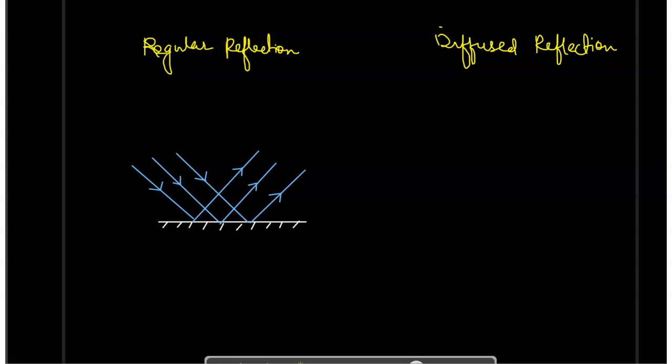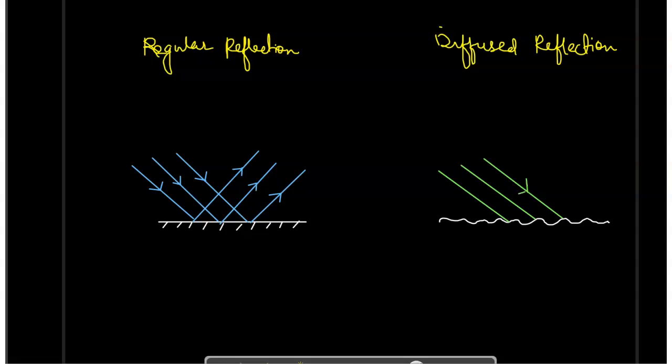Now let us see how we can show a ray diagram for diffused reflection. For diffused reflection, we take a surface with irregularities, that is a rough surface like this. Then we take 3 parallel incident rays: 1, 2, 3.